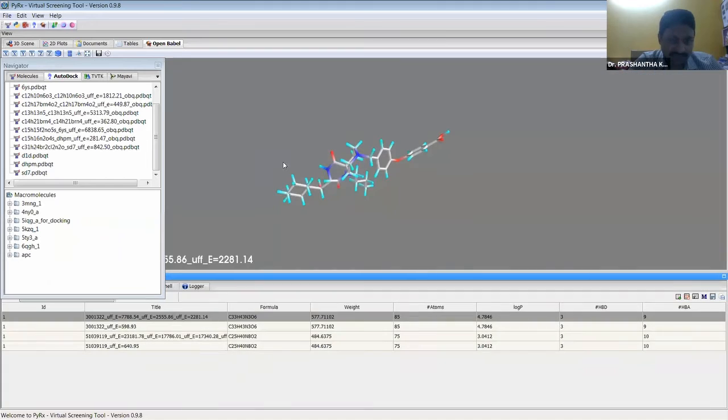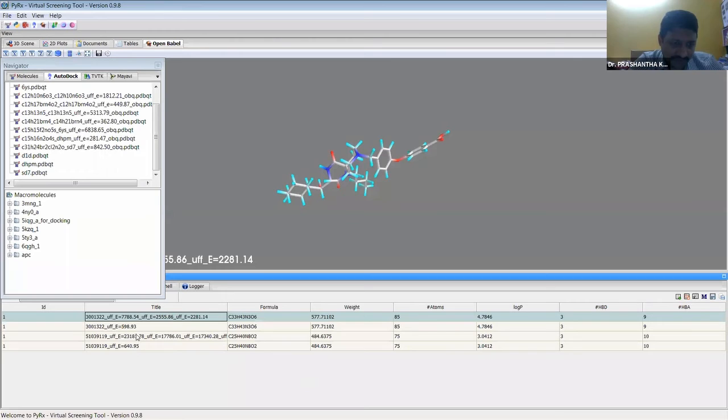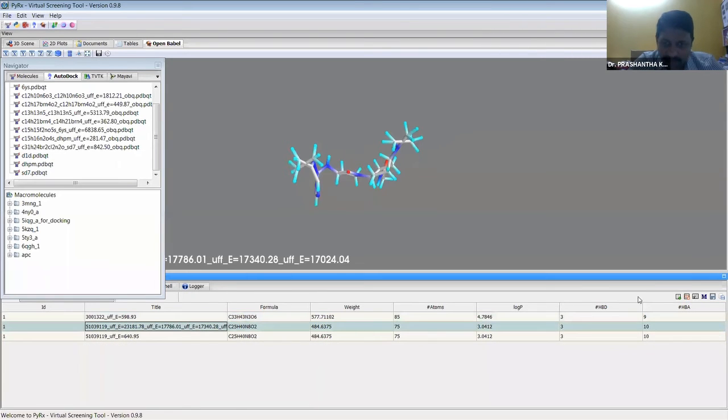If it is a 2D, there is some challenge. What we can do is delete the ligand which is from the 2D portion. Here, delete current item. I do not want this one. I do not want this one.